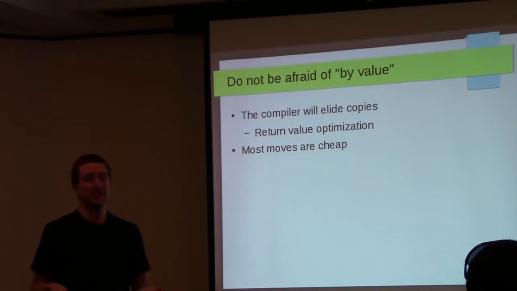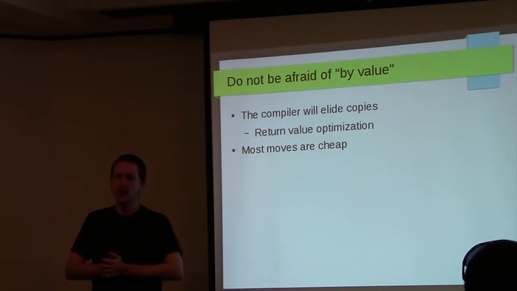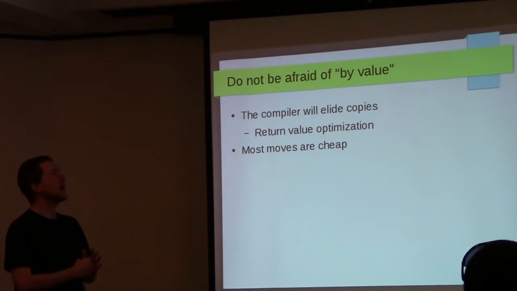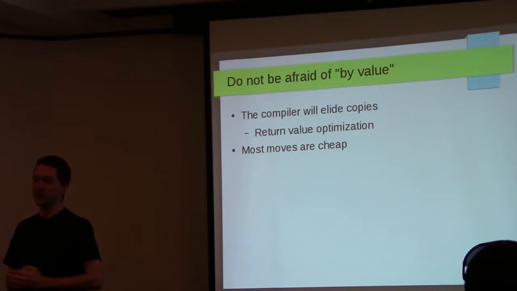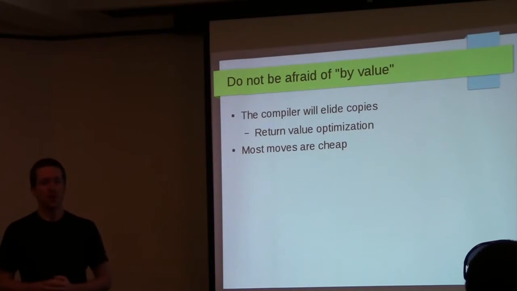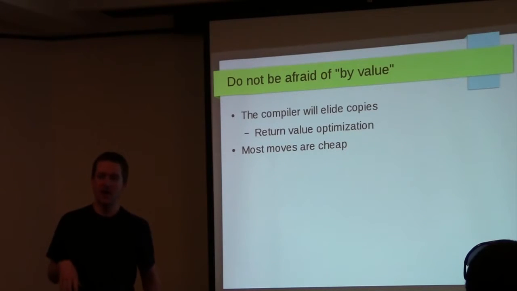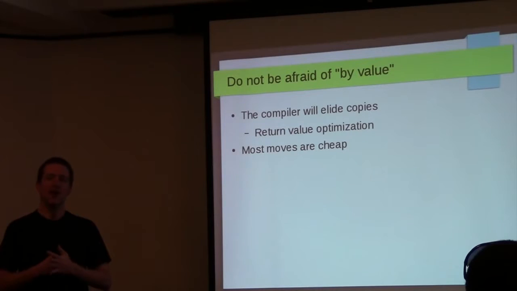So yeah, one thing I wanted to mention is don't be afraid of returning by value or passing by value or anything like that, because in many situations the compiler will elide copies, and it is getting better at doing that all the time. So if you just have some function, you declare a variable at the top, you do some stuff, and then you return that variable, the compiler will not copy that.